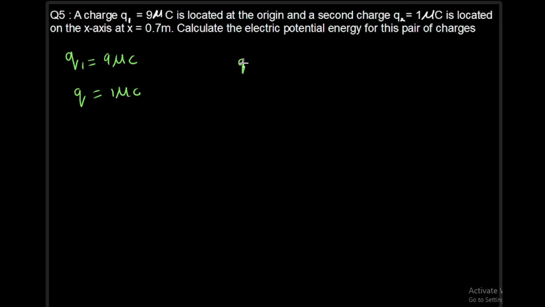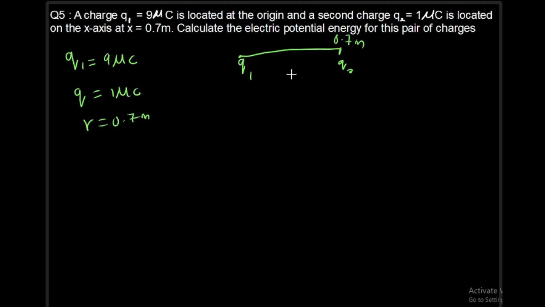So basically we have two charges, charge 1 and then charge 2 is on the x-axis. X is horizontal and this is the positive x-axis. So the distance between charge 2 and charge 1 is 0.7 meter, which is our distance of separation.